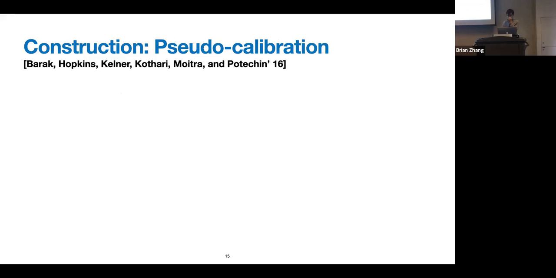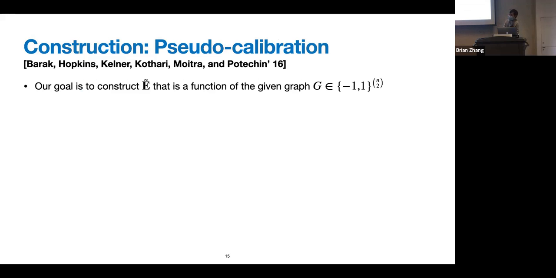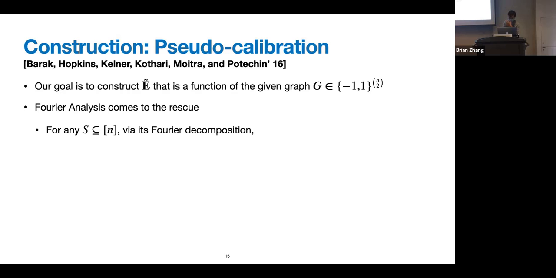But let me start by telling you how we construct the moment matrix. And this is the idea of pseudo-calibration, coming from the amazing work by Barak, Hopkins et al. The goal is to construct the moment matrix E tilde, which will be the moment matrix that we want to work with. And we can think of this as a function of a given random graph, and think of the random graph as given to us as a plus-minus function. And the idea is to use Fourier analysis.